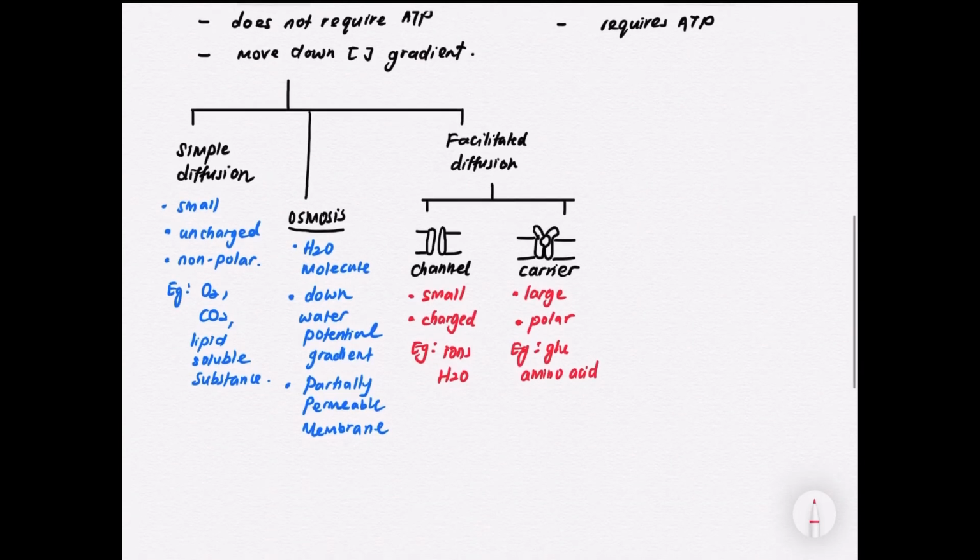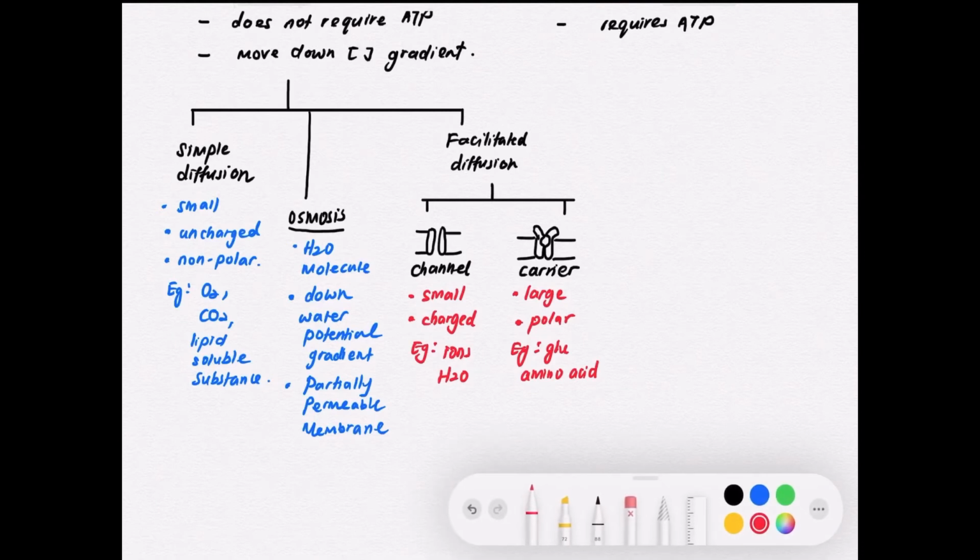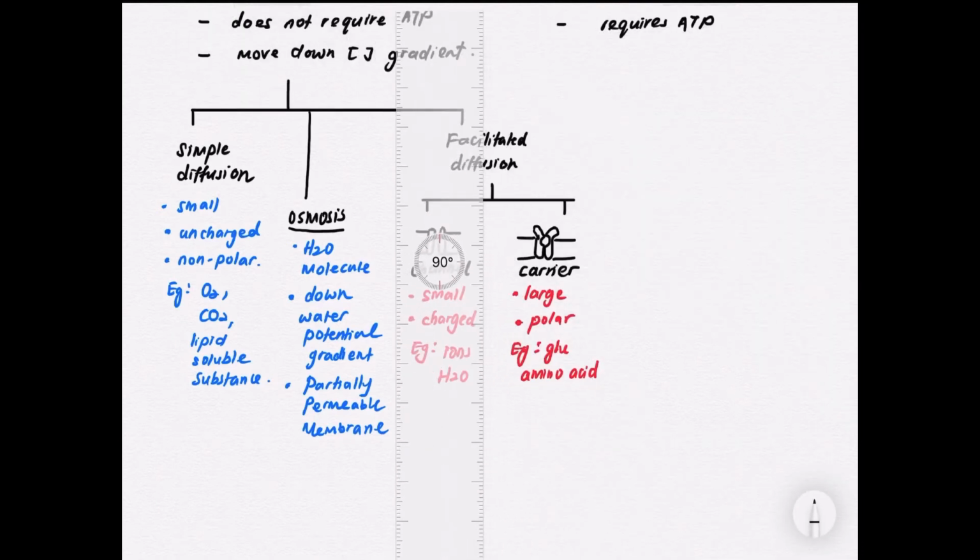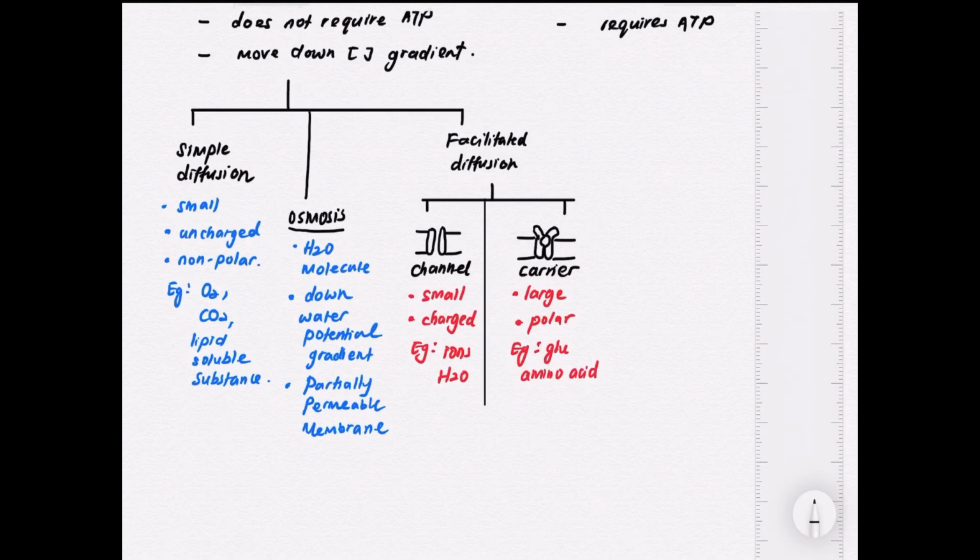There's another type of facilitated diffusion known as co-transporter, where in topic 7, transport in plants, you will come across this type of co-transporter where you need two types of molecule to be transported together.